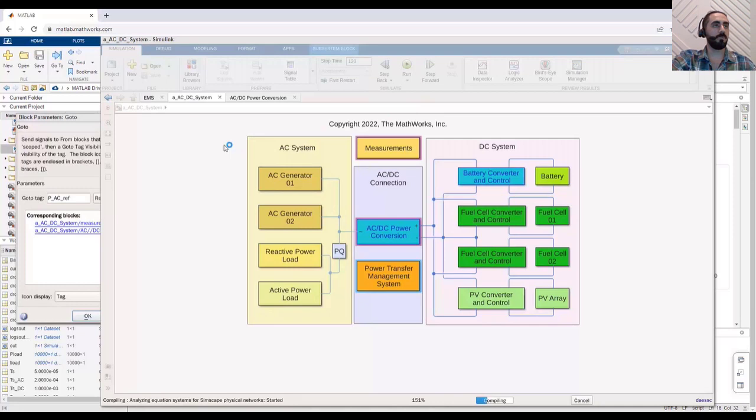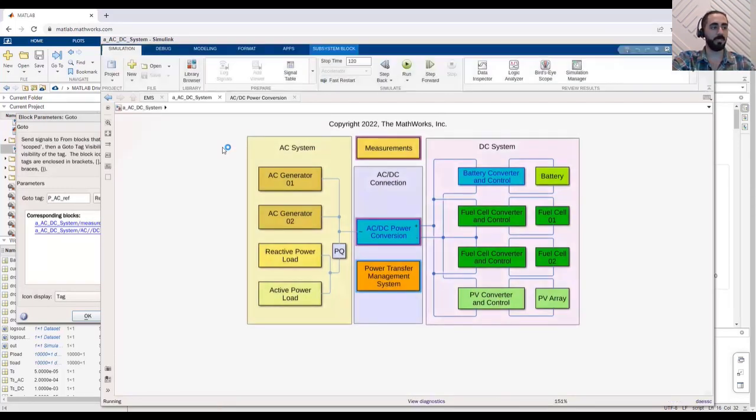We have a 2-minute window for the simulation, and when it starts running, you see it's much faster than real time. For the 2 minutes, it's gonna simulate the whole system in less than, I don't know, 30 seconds.